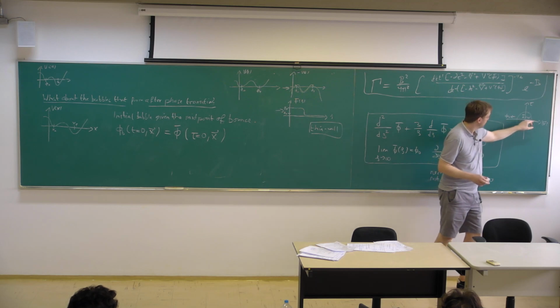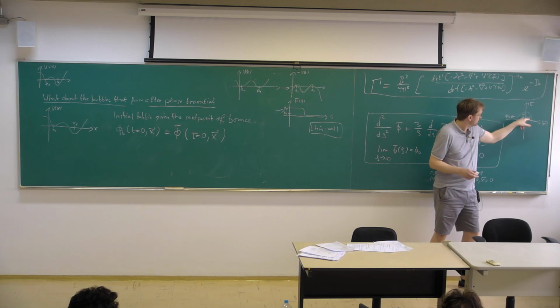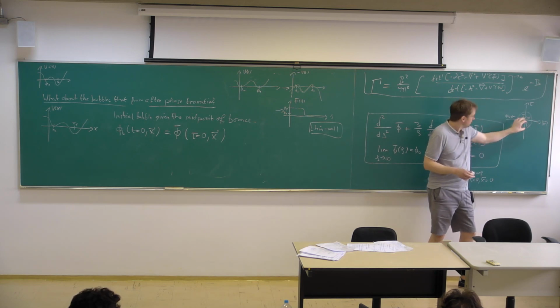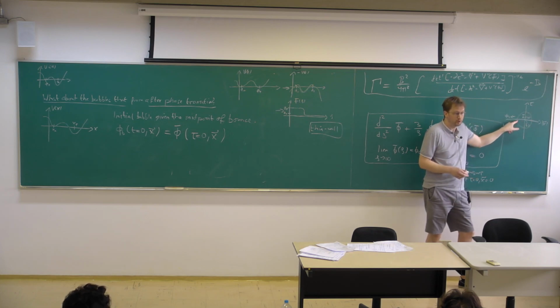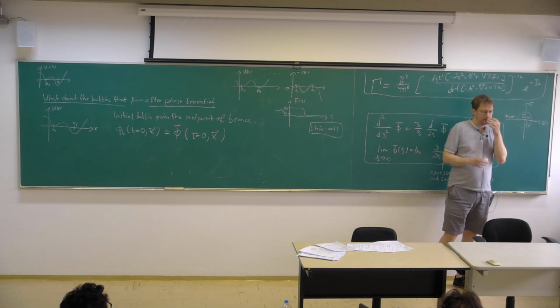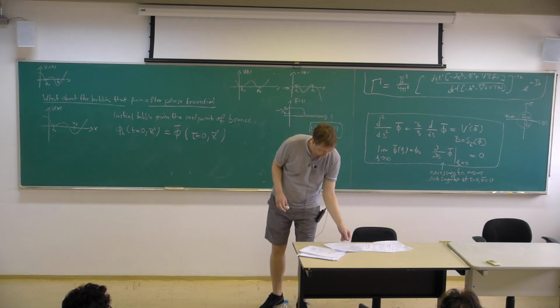This slice is a function of my spatial coordinates. The bounce is an O4 symmetric bubble, so this slice is an O3 symmetric bubble. That tells me this is the profile of my field right after tunneling.